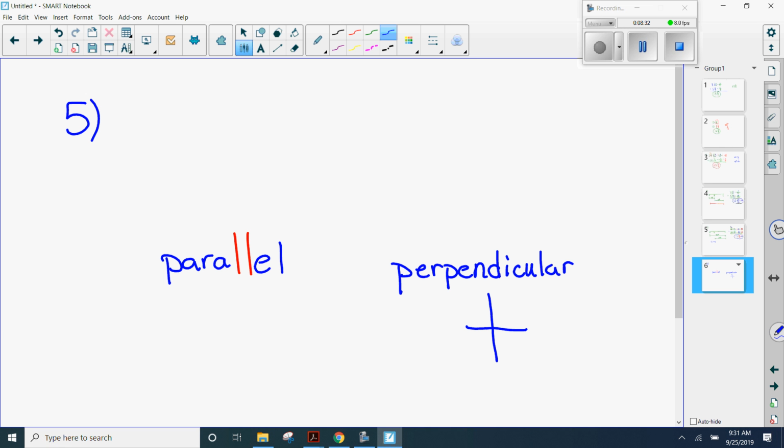They want to know what angles are formed by lines that are perpendicular. What angles are these right here? Right angles. So right angles are formed by perpendicular lines.